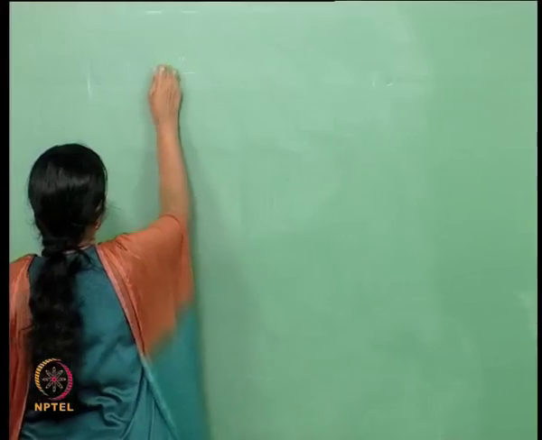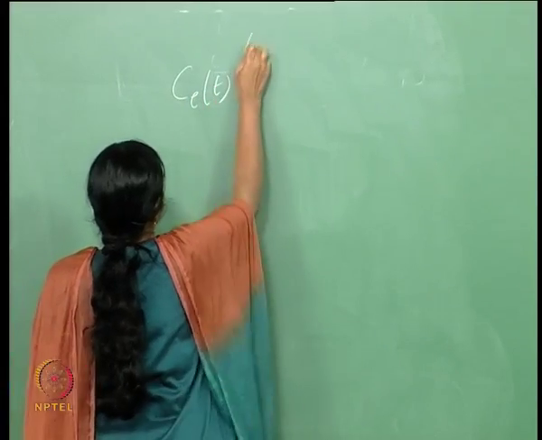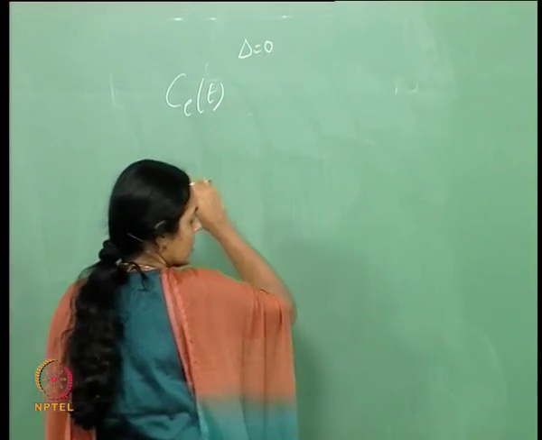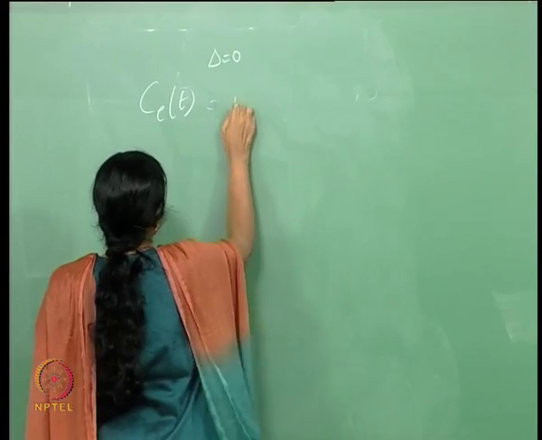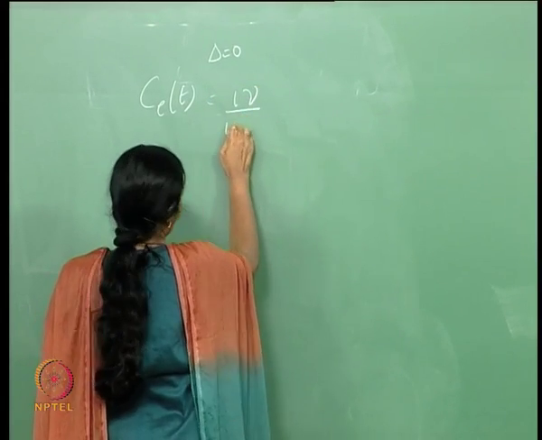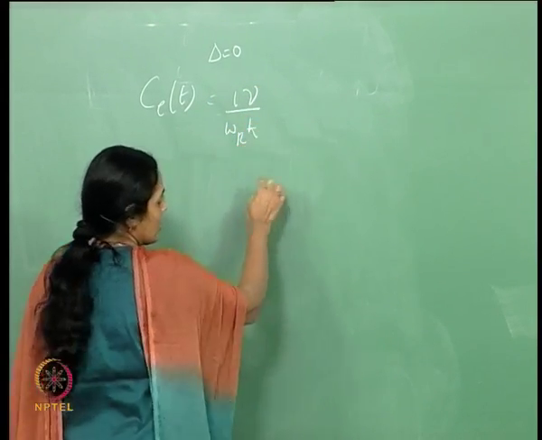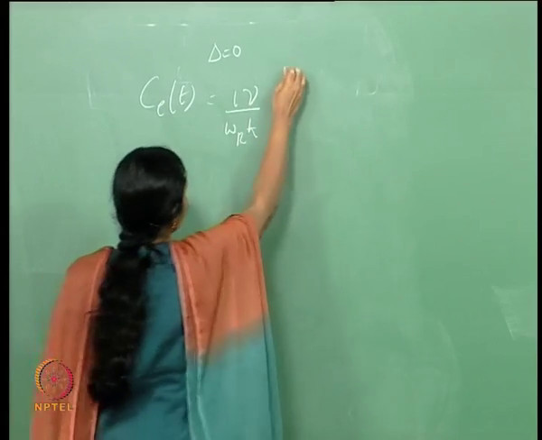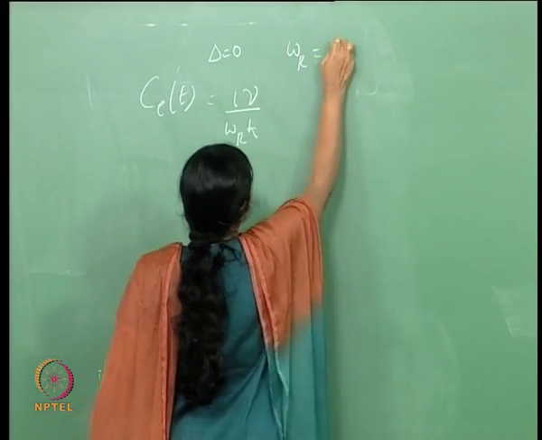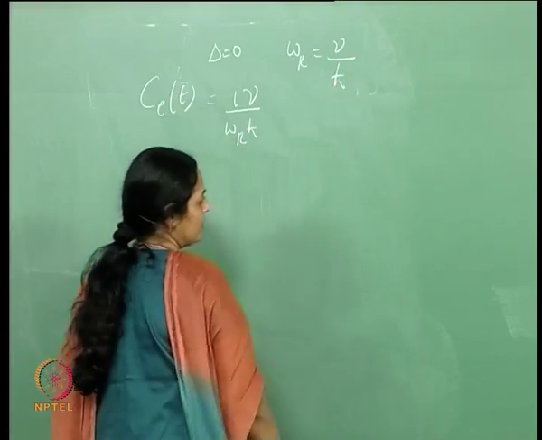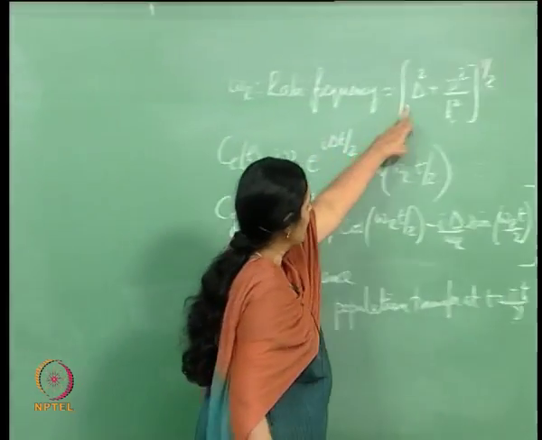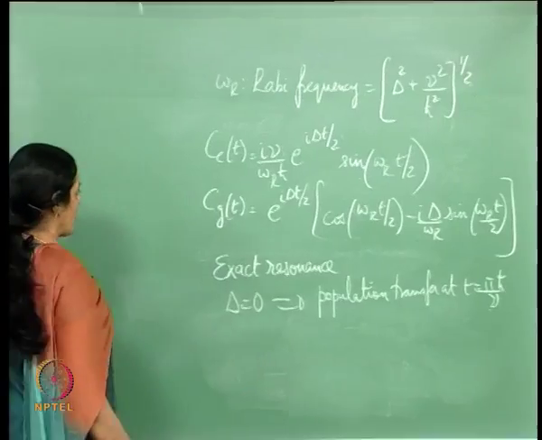Then you can see if delta equals 0, Ce of t is i nu by omega r h cross, where omega r is now given by nu by h cross. You see, set delta equals 0 and that gives me a nu by h cross.